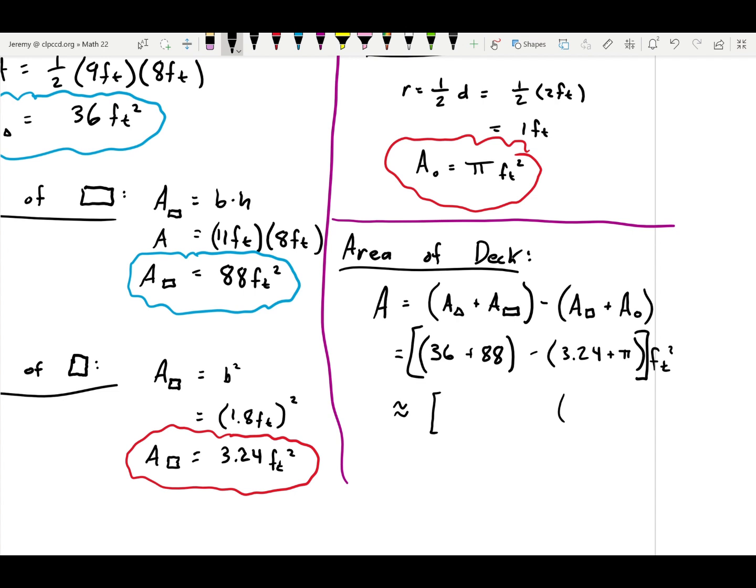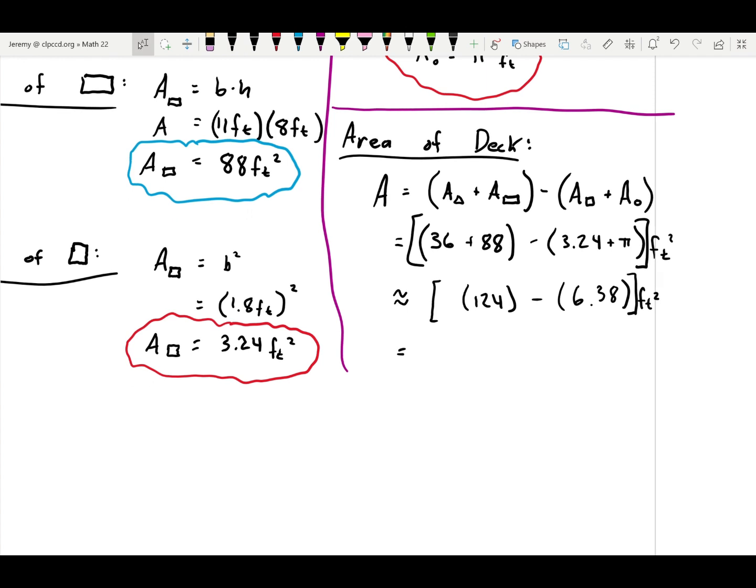I'll just round to 2 decimal places. I think that's reasonable given that the area of the square we found ended up being 2 decimal places. So adding these two together, I get approximately 6.38. Then 36 plus 88, I'm getting 124. Keeping my units there.